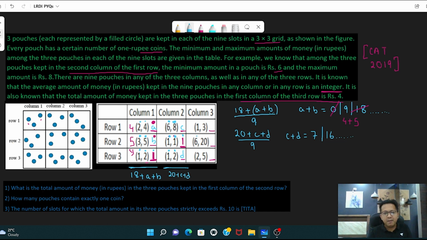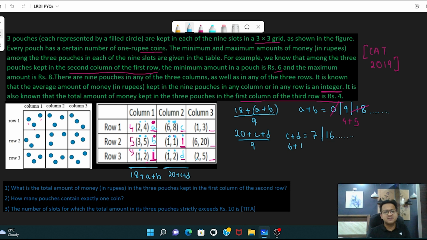Remember, C has to be from 6 to 8, and D can be any number from 1 to 2. So the only possibility is 7. How? D can be 1 and C can be 6. There's no other possibility. Can it be 5 plus 2? No. Remember, C minimum has to be 6.